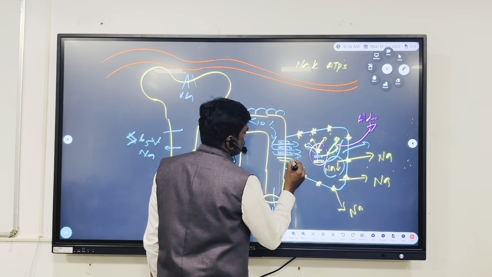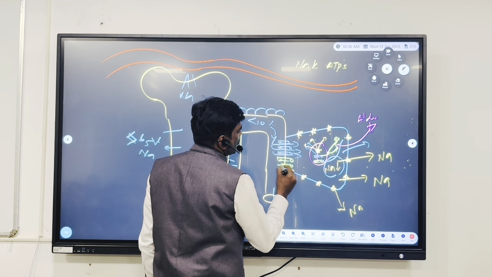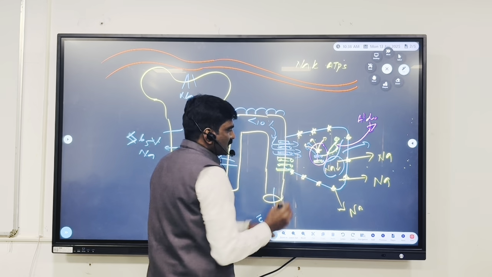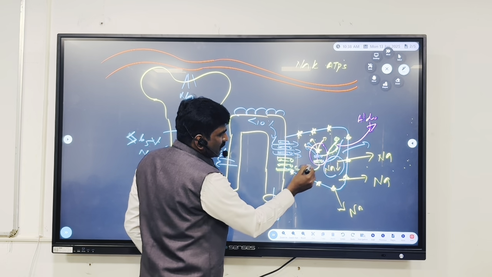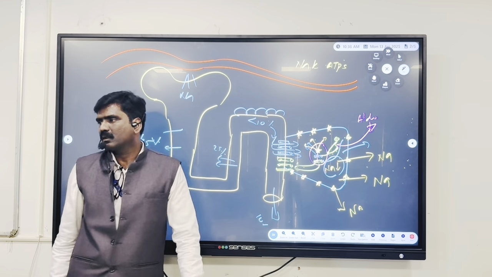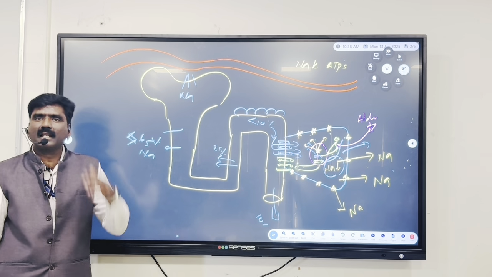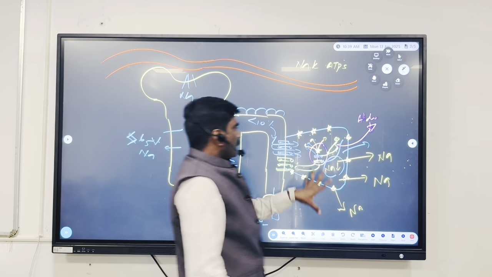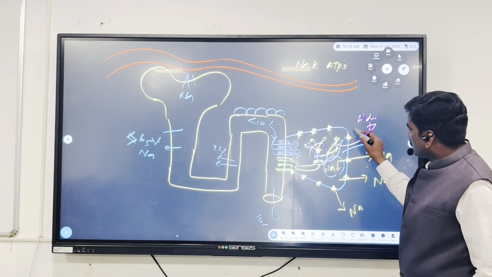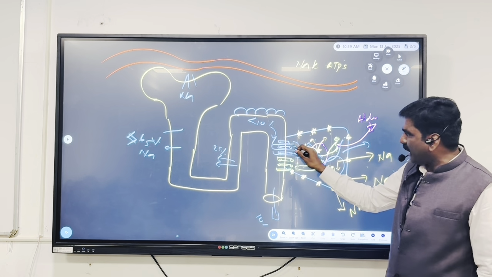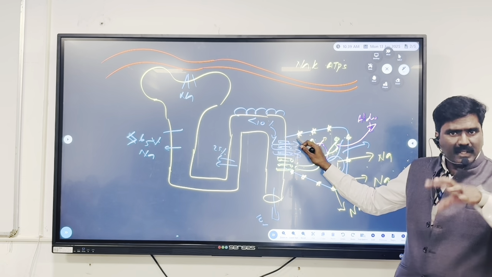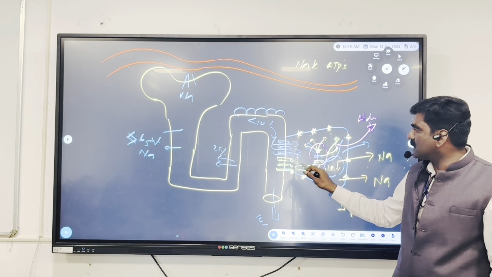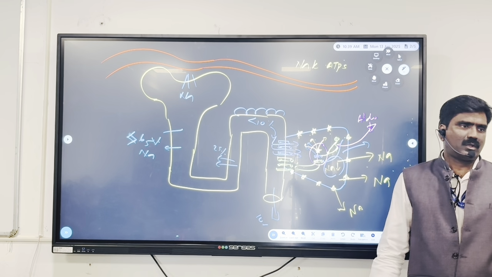potassium channels. Potassium channels are synthesized and planted in the walls of the collecting tubule, right? Okay. Now the sodium will enter here. In exchange, potassium will go out.